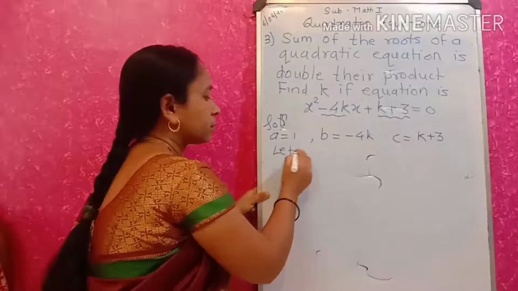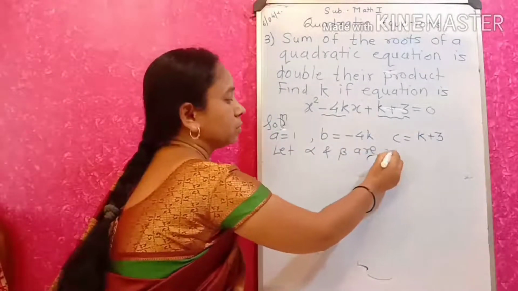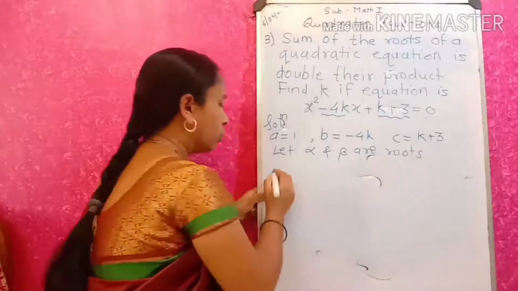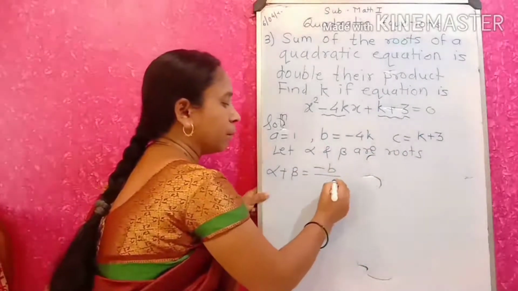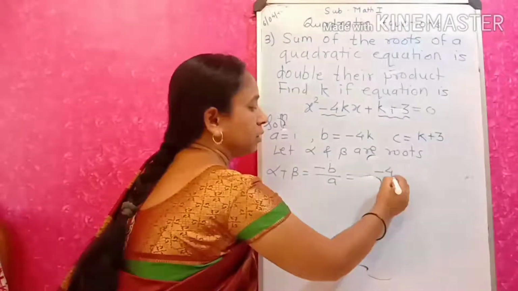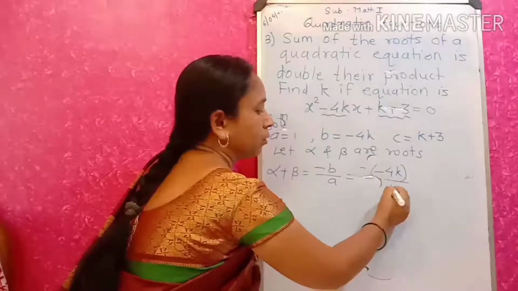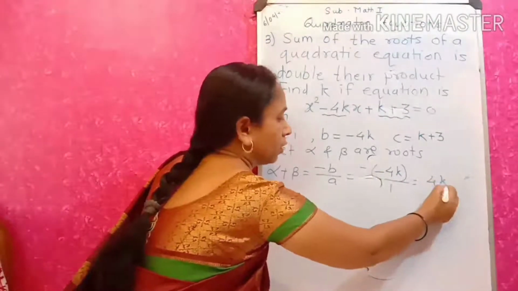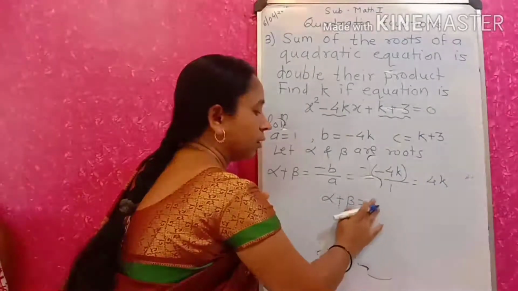Let alpha and beta be the roots. So you will get alpha plus beta is equal to minus B upon A. What is B? Minus 4k. So minus of minus 4k upon 1, it would be 4k. Means alpha plus beta is equal to 4k.